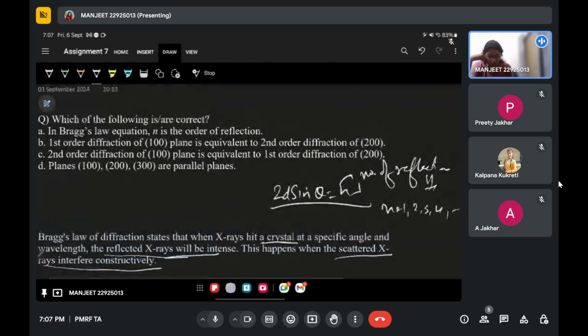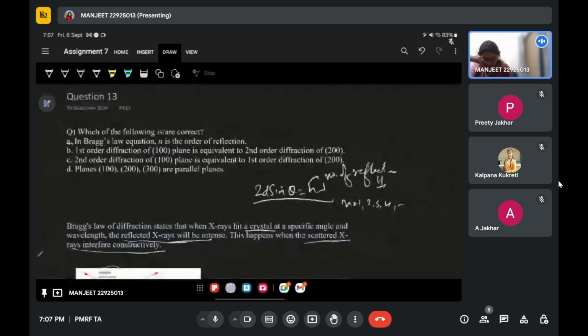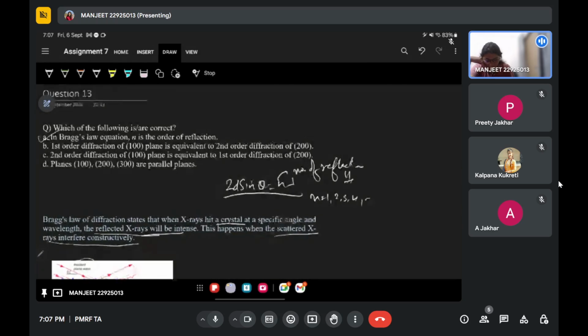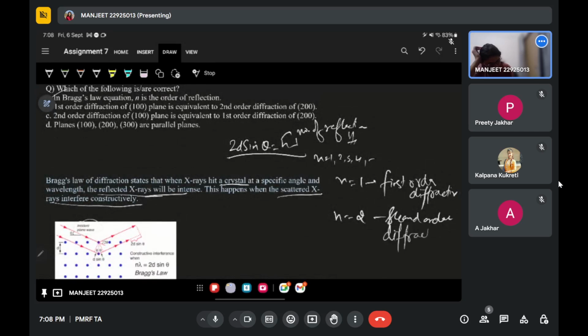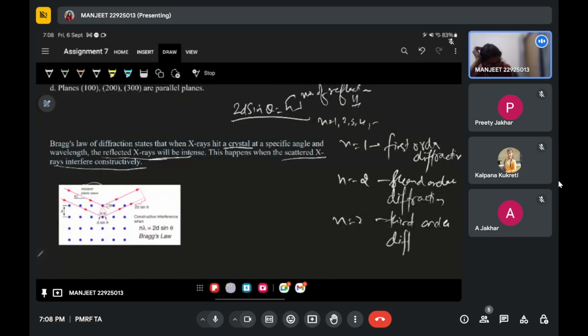Okay, so in the A part, in the Bragg law equation, n is the order of reflection. Yes, it is correct. In the B part, it is asked about the first order diffraction. n equals 1 represents the first order diffraction. n equals 2 is the second order diffraction, and n equals 3 is the third order diffraction.